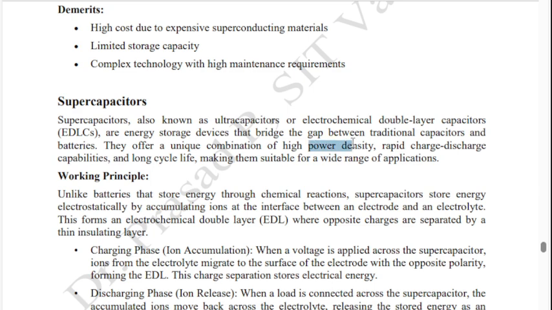High power density means a very high amount of energy can be stored inside. Rapid charge-discharge capacity means it can be charged fast and used to get electricity very fast, and it has a long life cycle, making them very suitable for a wide range of applications.